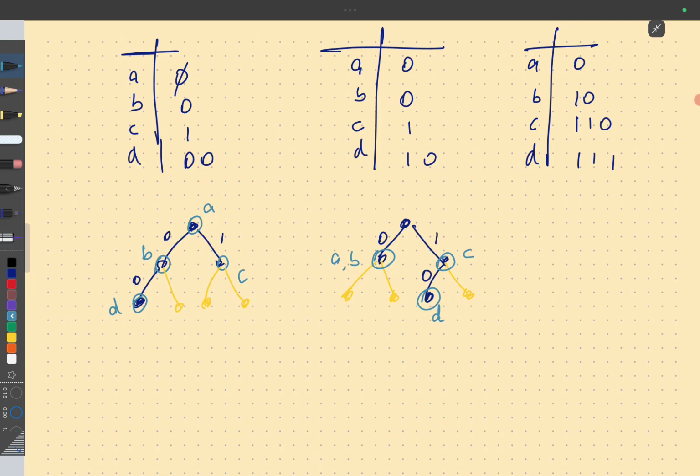So if I just draw the code tree, then how would you characterize non-singular codes?